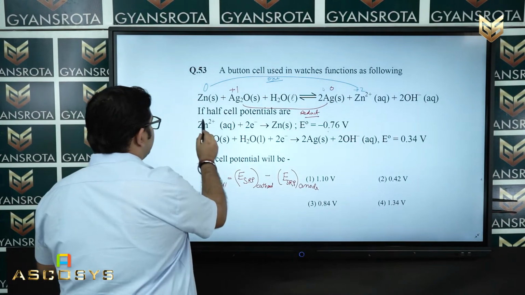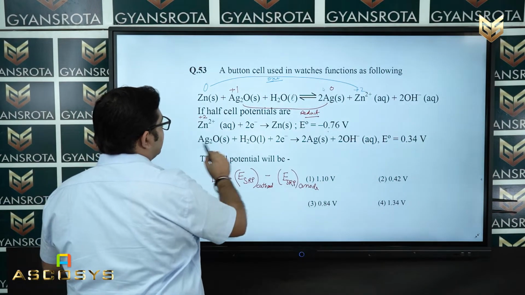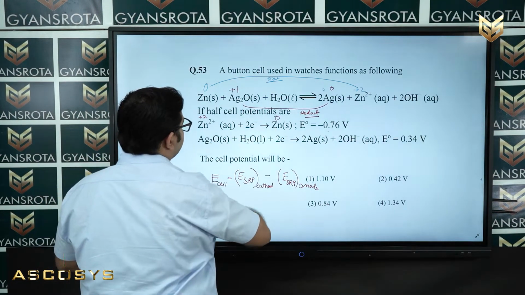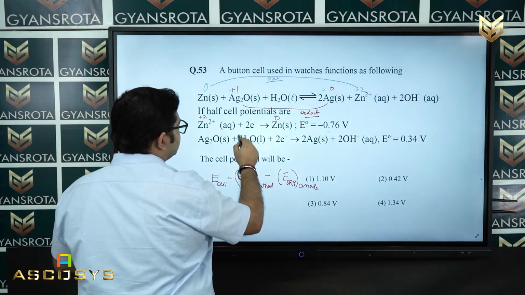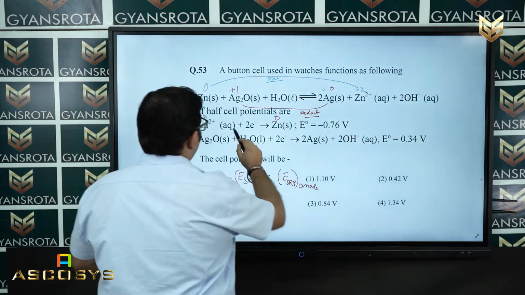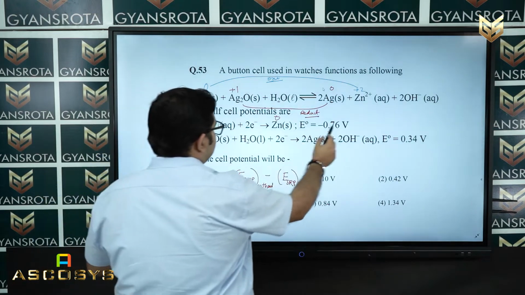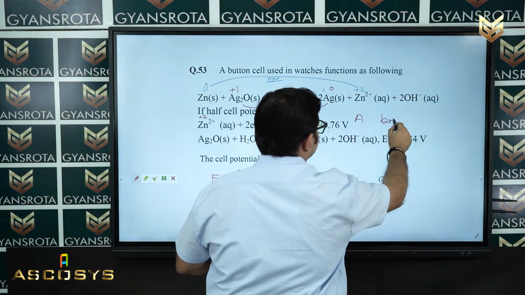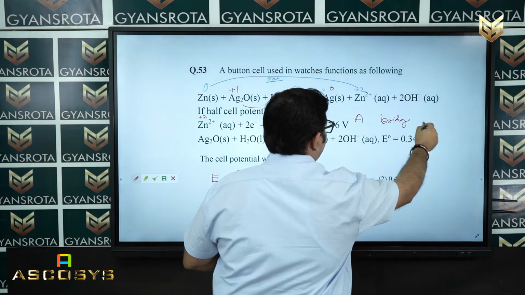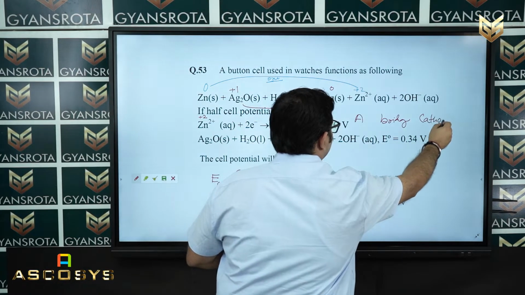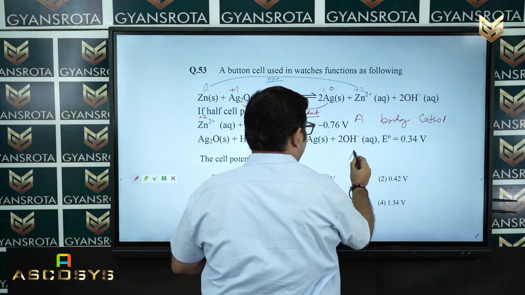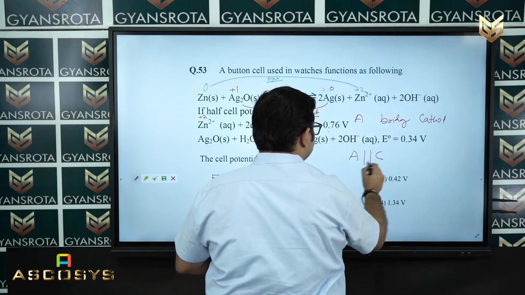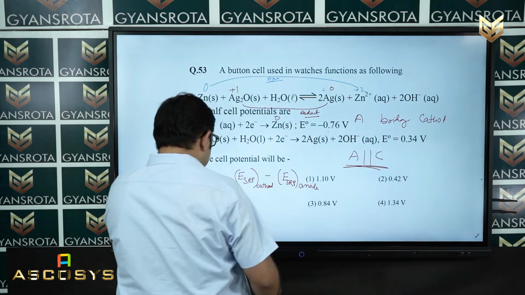For this, Zn2+ is converted into 0, which means they have already given your standard reduction potential. And we know the cell representation: anode, bridge, cathode. So, this is your cell representation.